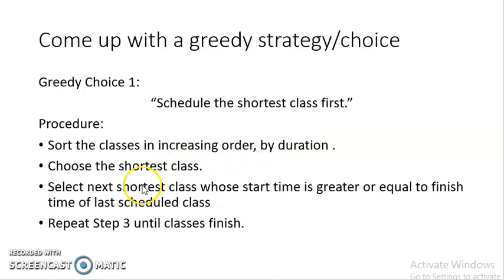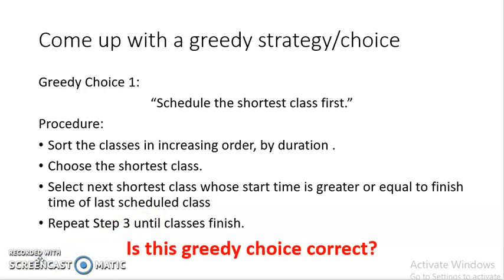So select the next shortest class whose start time is greater or equal to finish time of the last scheduled class. And then you'll keep on repeating this third step until all your activities or classes are finished. Now you have to see if this greedy choice is correct or incorrect.